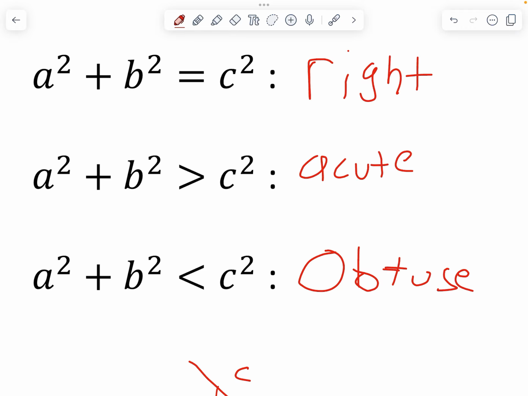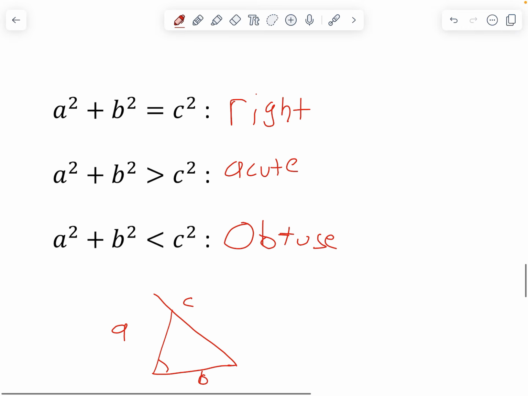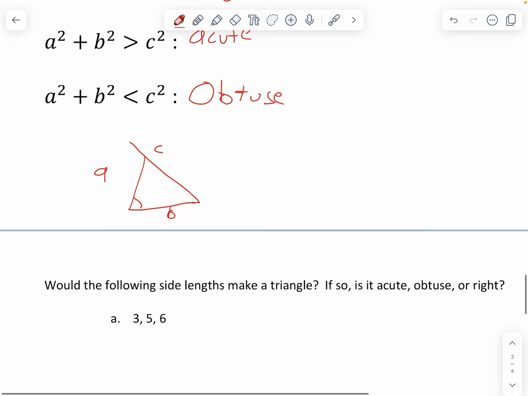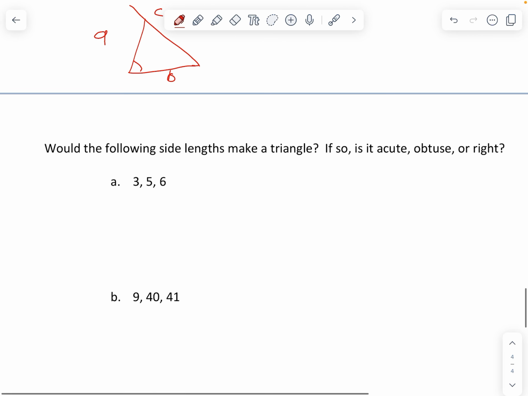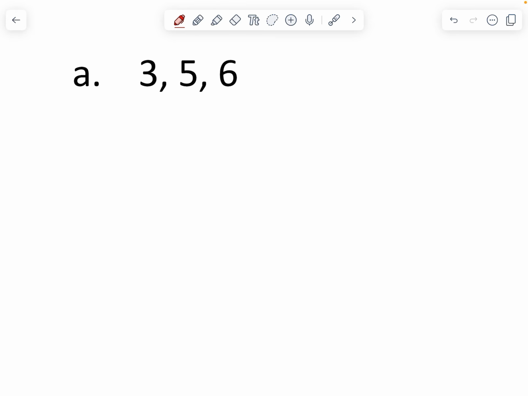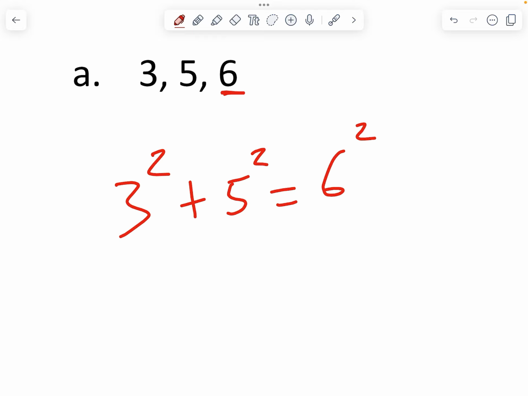And so the Pythagorean theorem is kind of a test that if you just have 3 side lengths, you can figure out what kind of triangle you have. So that's what this is just asking right here. So if I look at an example, right, I have 3, 5, and 6. We know the hypotenuse always has to be the biggest side, so we know that 6 has to be C because it's the biggest number. So we want to check what's happening when we plug 3, 5, and 6 into the Pythagorean theorem.